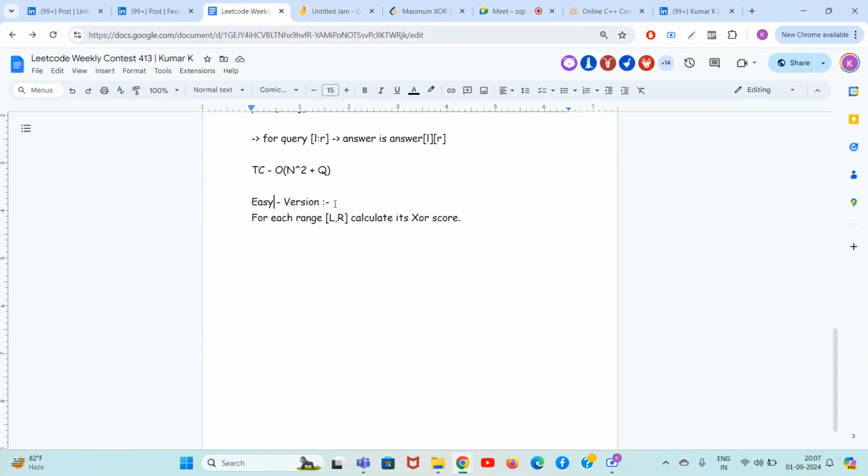Easy version is this. Hard version is, for each range L to R, calculate XOR score of all the subarrays. Oh, painful. All the subarrays in range L to R. Calculate the XOR score of all the freaking subarrays in the range L to R, and print the max of all of them.